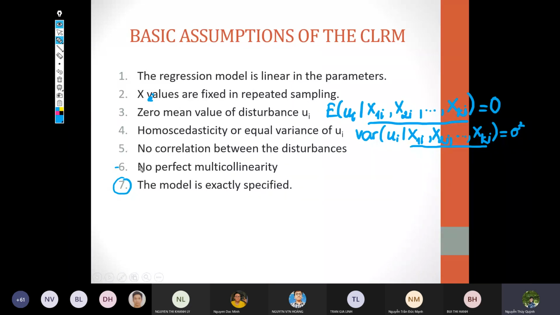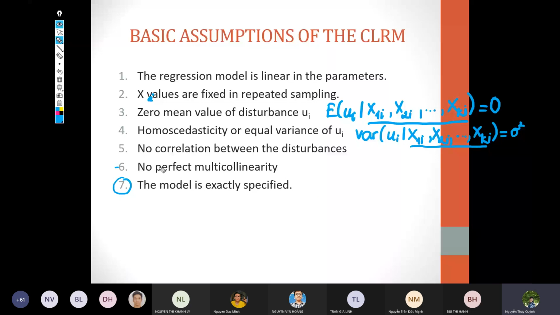So number 6 here is about multicollinearity. We have talked about multicollinearity in the previous lecture. We say that multicollinearity is about the correlation between the independent variables of the model. In the two variable regression model, we have only one independent variable.